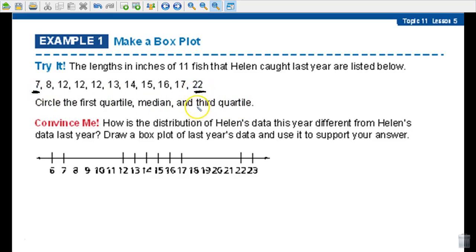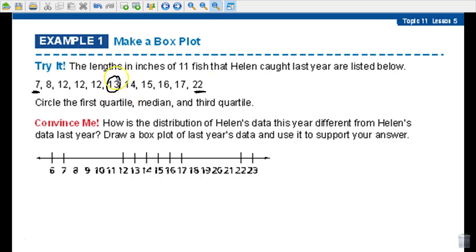There's an odd amount of numbers, so we will have a perfect median. It should be the sixth number. So 1, 2, 3, 4, 5, so it should be 13. 1, 2, 3, 4, 5. That is directly in the middle.